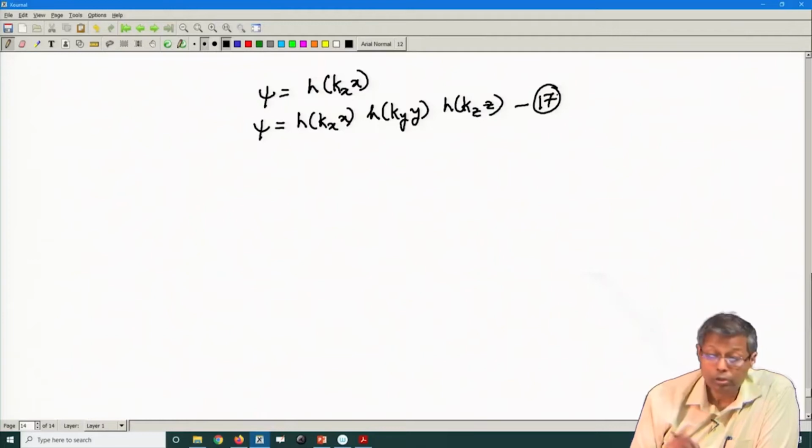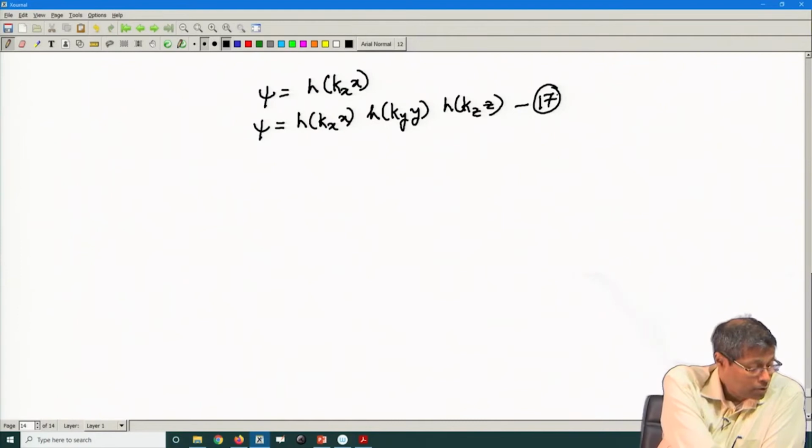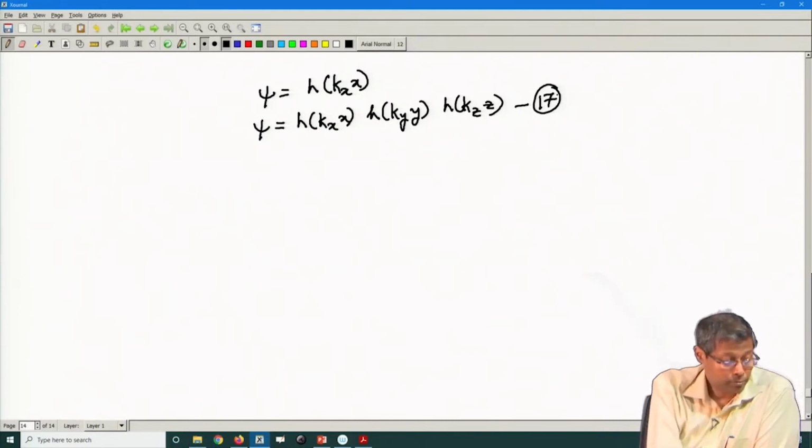This will satisfy the Helmholtz equations, where kx, ky and kz will satisfy equation number 16, which is the separation equation.